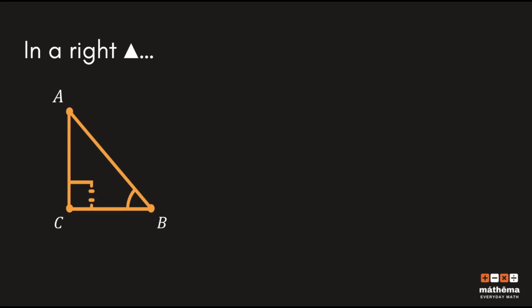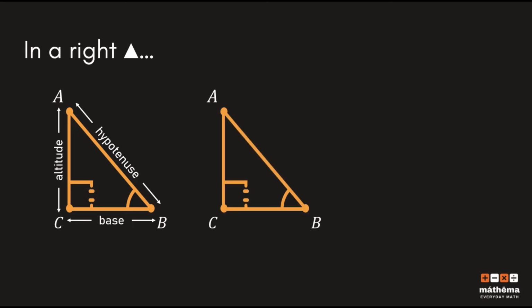Now I want us to consider this right triangle ABC. Remember again that this is our hypotenuse. The hypotenuse is always opposite the right angle. This will be our altitude or the height of our triangle, and this will be the base of our triangle. Now using the same illustration, with respect to angle A, this side will be the opposite side of angle A. This side will be the adjacent side of angle A, and of course that will be our hypotenuse.